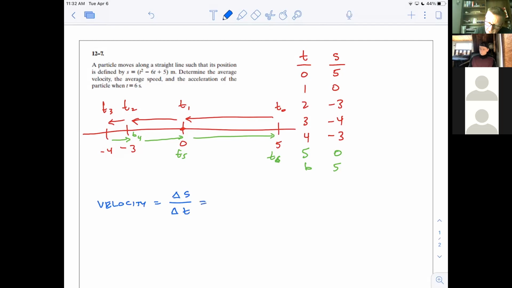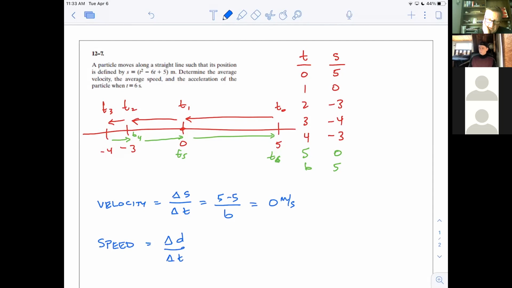Well, notice in the change of time from 0 to 6 seconds, you actually went from 5 to 5, like you went nowhere. So the velocity of this is actually 0 meters a second, because you didn't go anywhere in those 6 seconds. Whereas speed, the slightly technical difference, is change of distance over time, something like that.